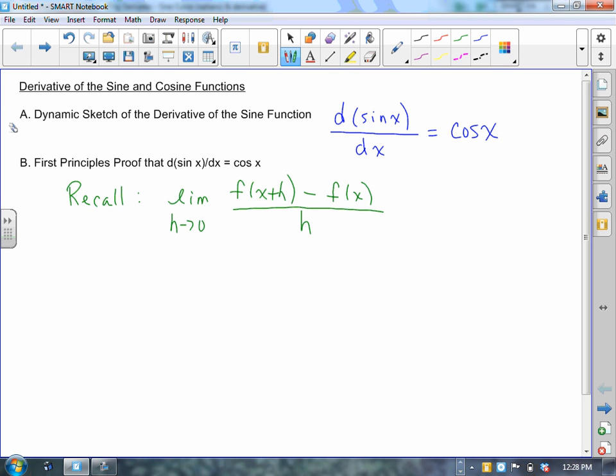So we're going to apply that definition to the sine function. So let's let f at x be sine x.